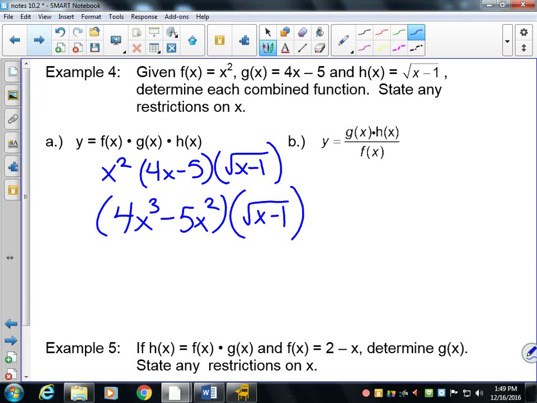Okay? Now, is there restrictions on x? In this case, there will be a restriction on x. Why not y? We have a restriction here even though we don't have a dividing. Why? Because you cannot take the square root of a negative number, right?